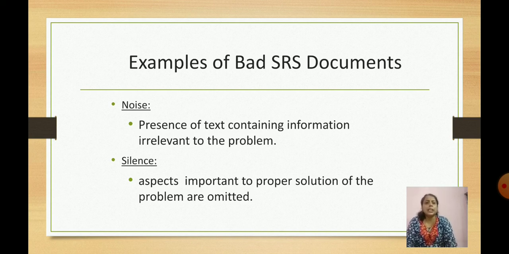Means extra specification is also a bad characteristic, and if there is no specification of the proper solution of a problem, that is also a bad characteristic of an SRS document.